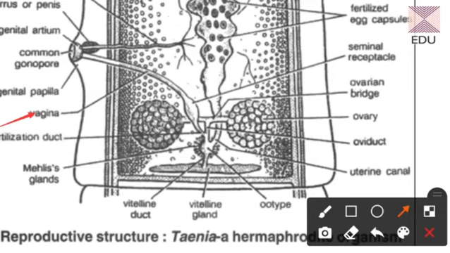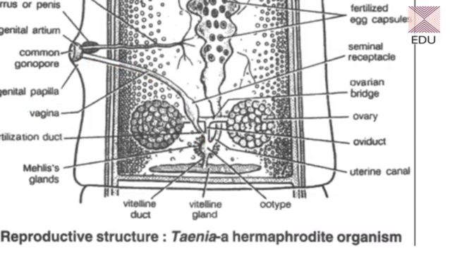This tube is going out, or you can say it is joining the genital papilla. So this is the duct which is coming up to the oviduct. Here we should make it just like this. It is coming inside and it is joining the oviduct.